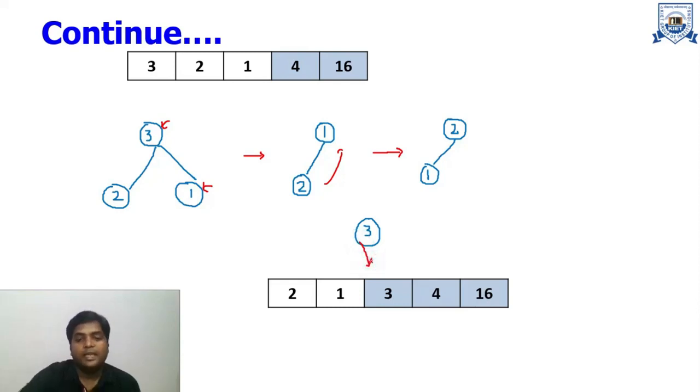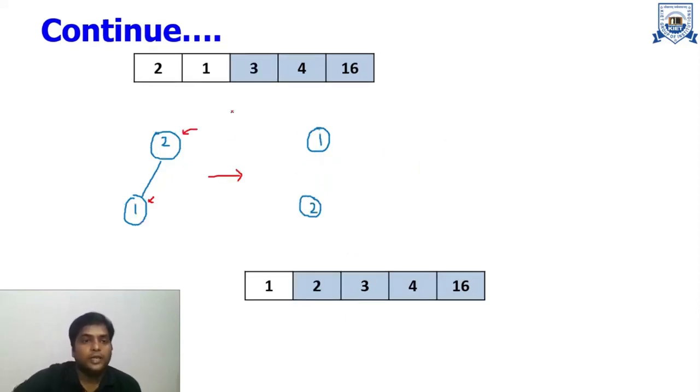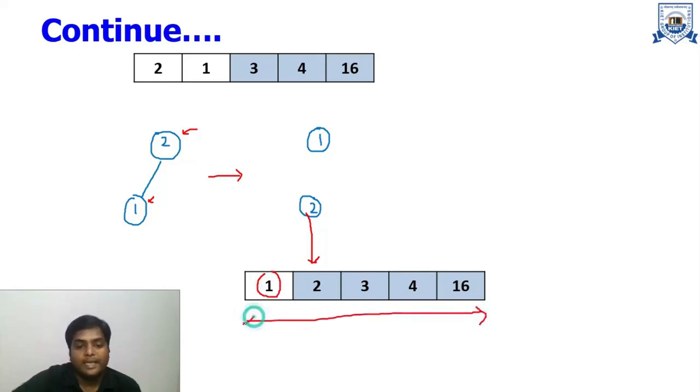Again we have 2 elements, that is 2 and 1. Now we delete the root element. When the root element is deleted, this 1 will replace the root node. So now 1 is in the position over here and 2 will be deleted. This deleted node will be placed in the vacant position. Now we have 1 element, and finally we will get an array which has sorted elements.